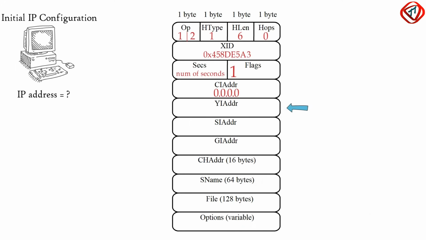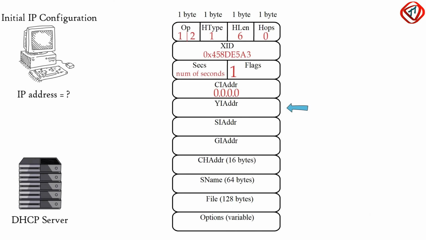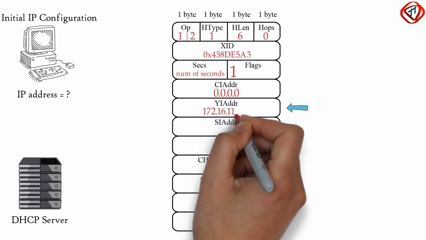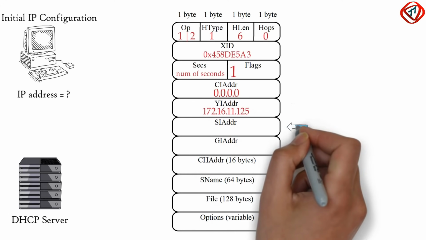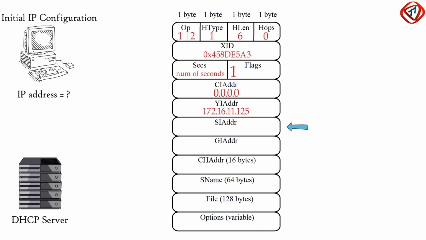Your IP address is the field where the DHCP server fills the IP address that it offers to the DHCP client. Server IP address is the IP address of the next server to use in the bootstrap process. A DHCP server may return its own IP address in this field.